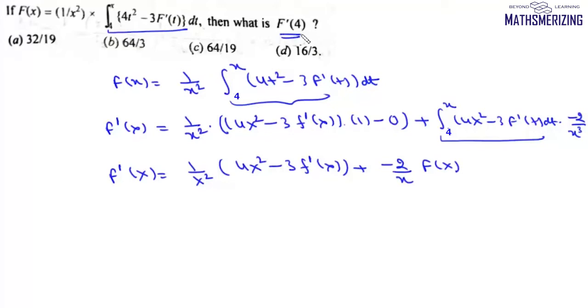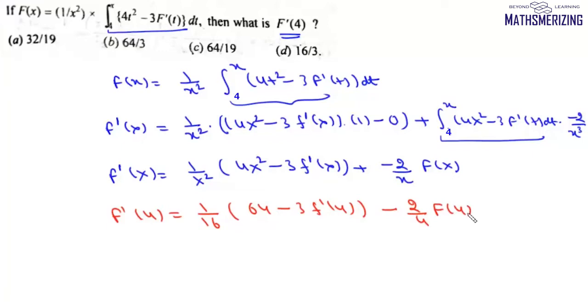Now we need to find the value of f dash 4. So we'll put x as 4, and if we put x as 4, we'll get f dash 4 equals 1 by 16 into 4 into 4 square, which is 64, minus 3 f dash 4, minus 2 by 4 into f(4).